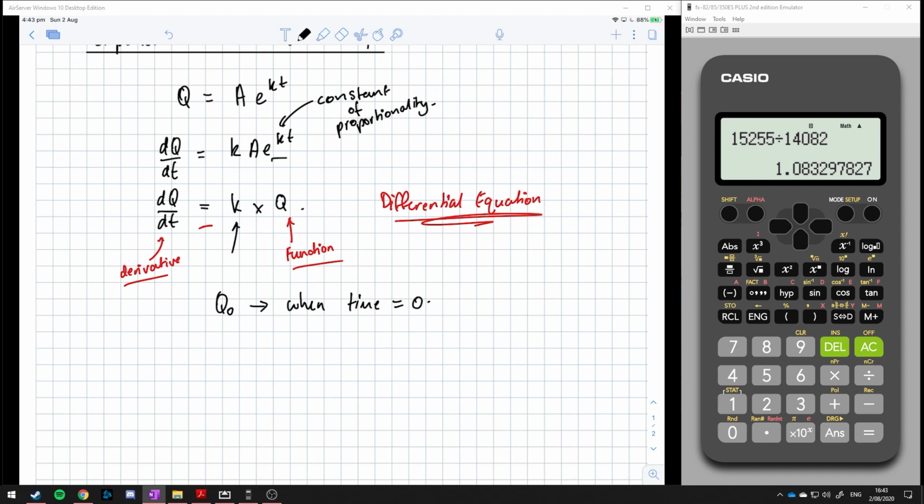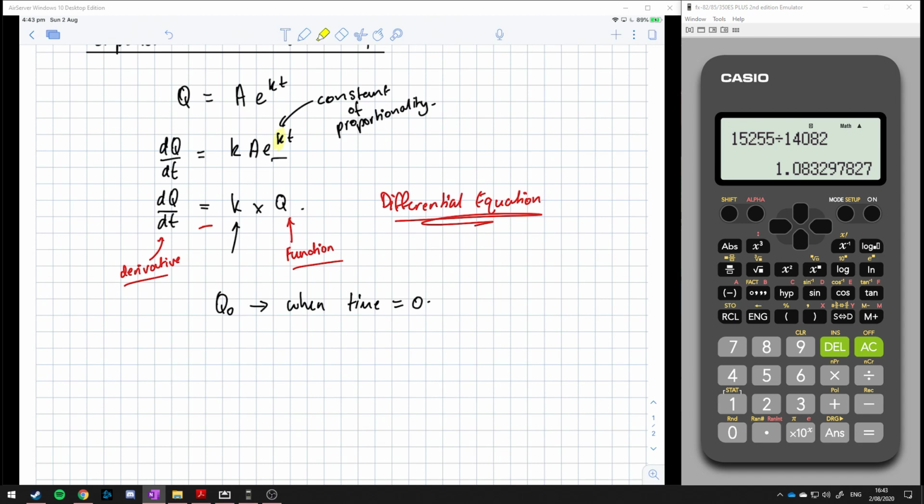So that was talking mostly about growth. Now, decay is just the opposite. The behavior of our equation, q is equal to a e to the kt, as time increases depends on the sign of k. So this k value is going to determine what happens with our function. Is it going to decay or is it going to grow?